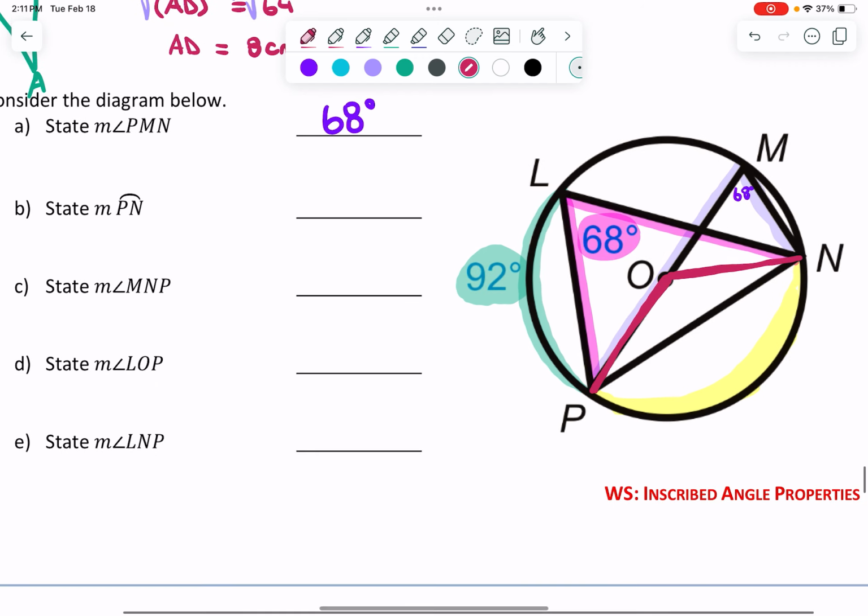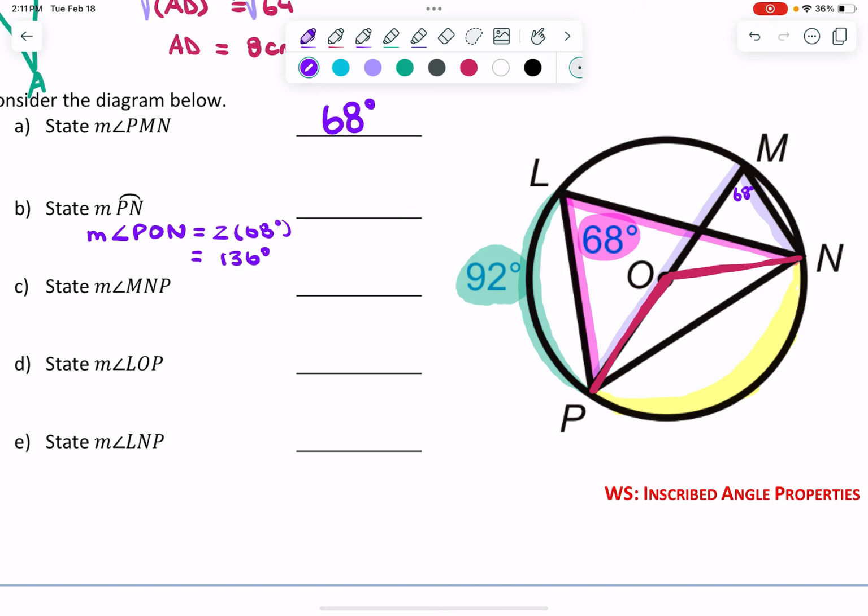Because I know the inscribed angle, the measure of angle PON will be equal to 2 times the inscribed angle, which is 2 times 68, or 136 degrees.